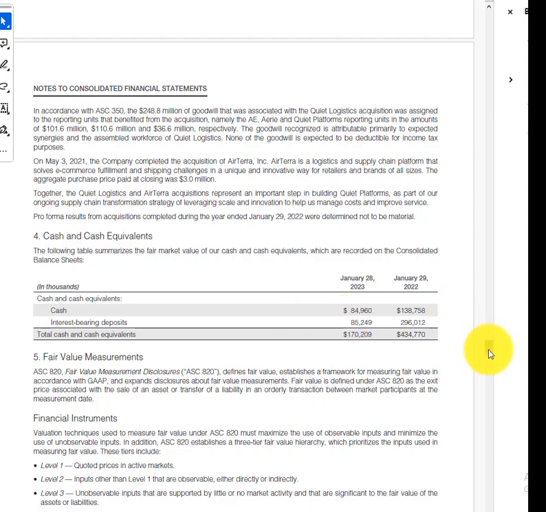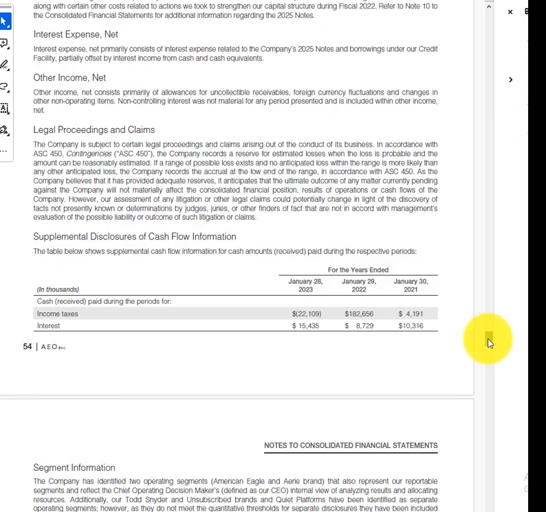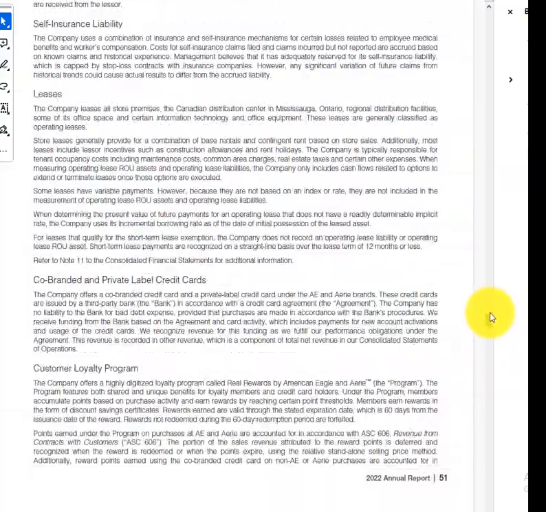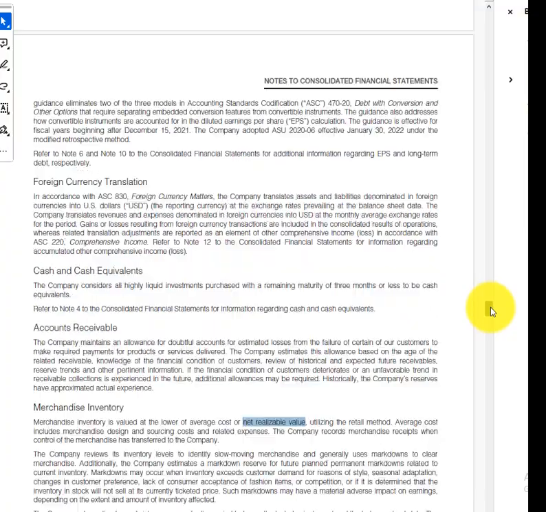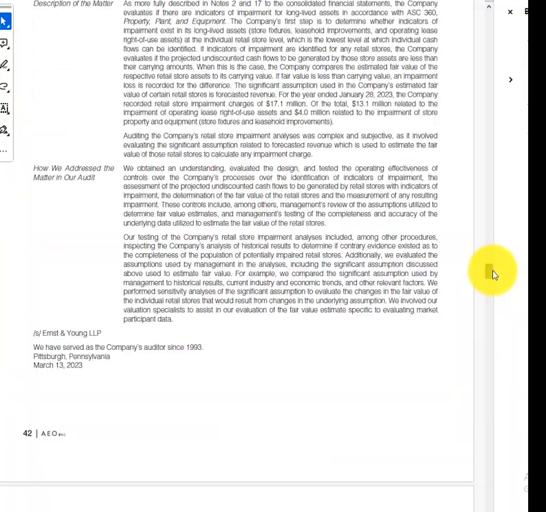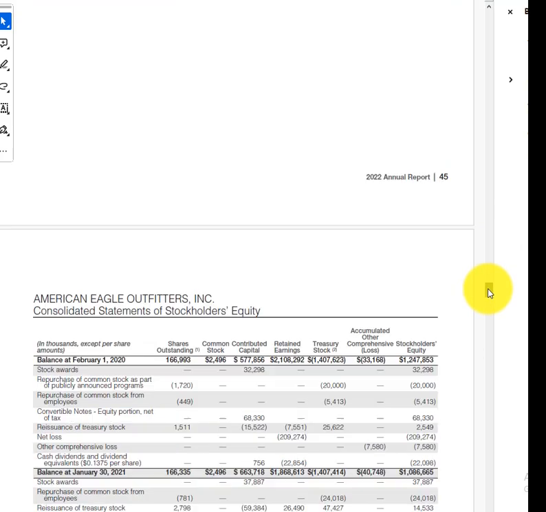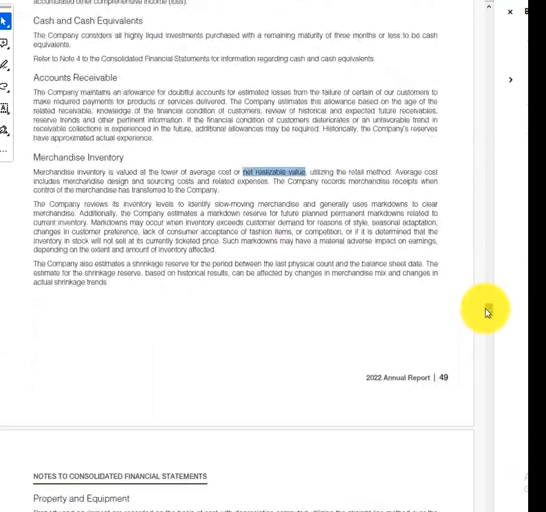Okay, so the definition was up here in this summary to describe this number on the balance sheet. So 172.09. Okay, first you give the definition.